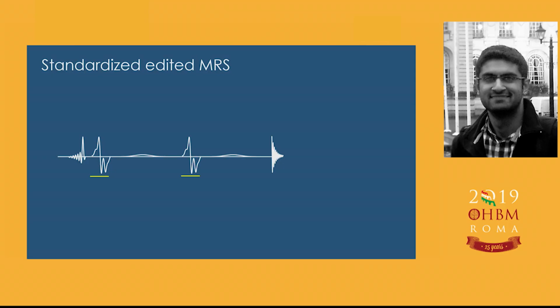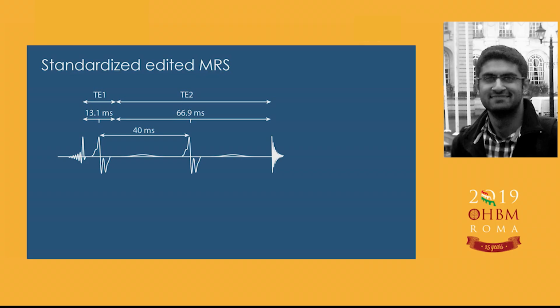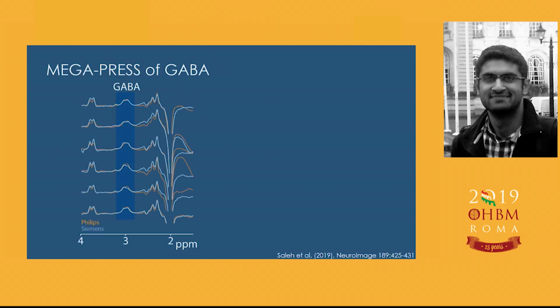They were all optimized across all vendors, and the editing pulses are sinc-Gaussian. In terms of timings, TE1 was fixed at 13.1 milliseconds, independent of echo time, and TE2 varies with echo time. By definition, your refocusing pulses are half an echo time apart, and your editing pulses were also maintained half an echo time apart.